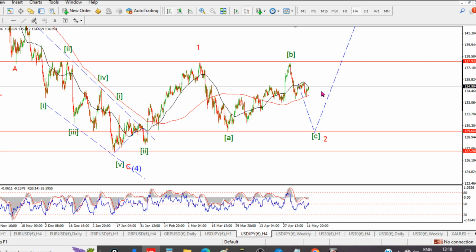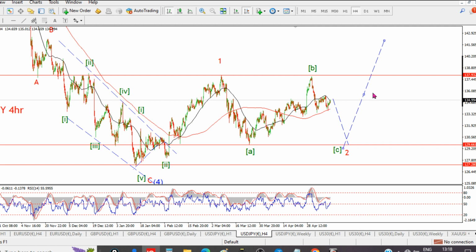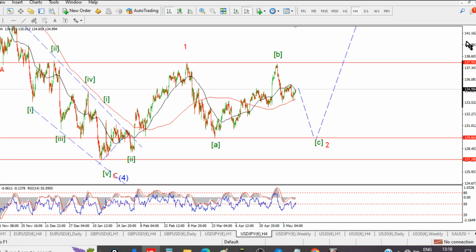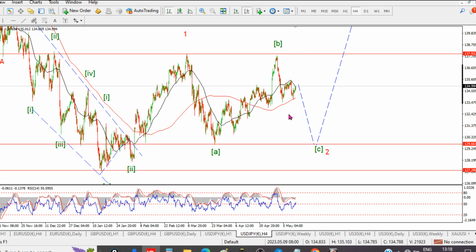Okay. Here is the updated count in dollar yen. I've been kind of chewing my tongue here also this week. The main count is looking for 5 waves down in wave C of 2. I have to say I still favor this idea, at least probably another step lower. But we could also be talking about an ABC pattern lower, which would finish a higher low.